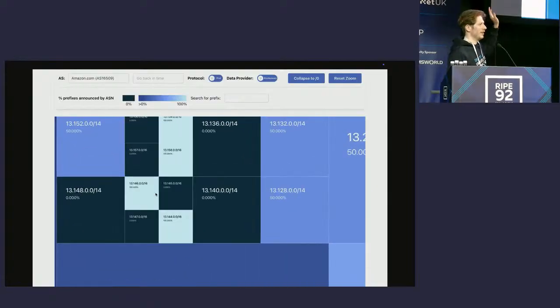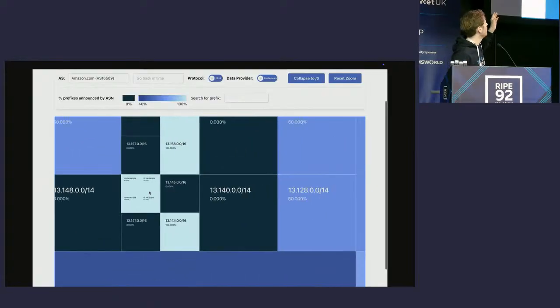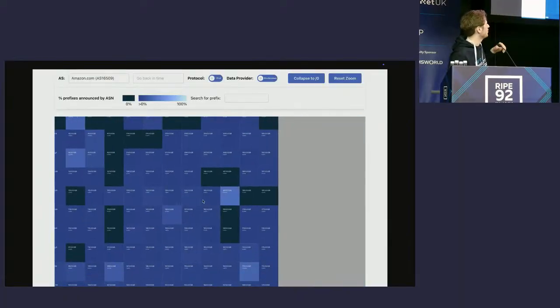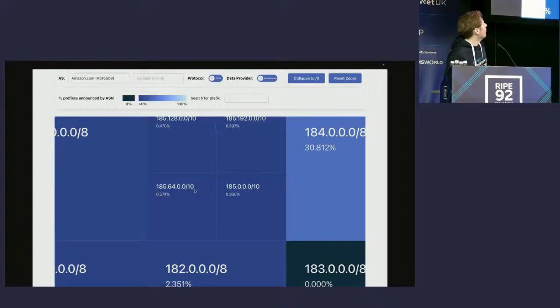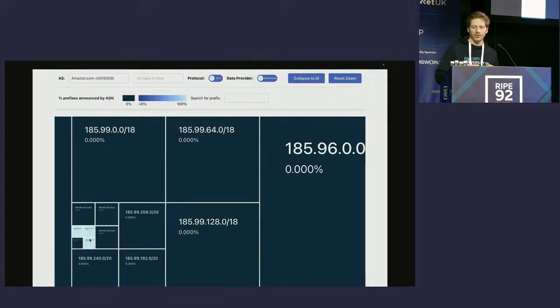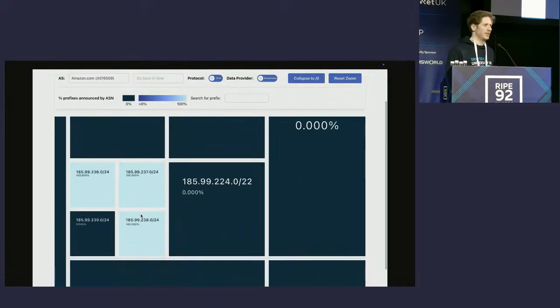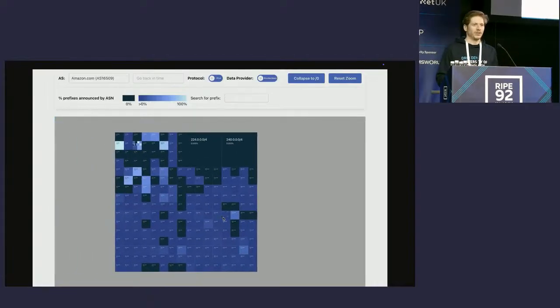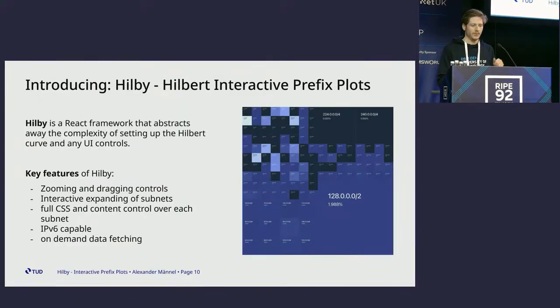So this is all announcements from the AWS or Amazon AS of 16509. And we can go to completely different parts of the address space and dig in all the way down to the individual /24. And if we want to go out and understand the macro image again, we can just do that as well. Okay, so back to my slides because I'm running out of time.